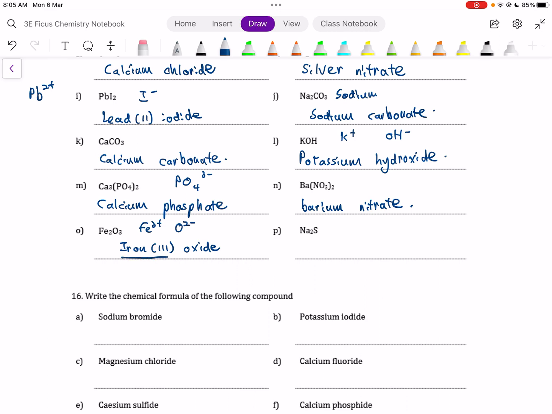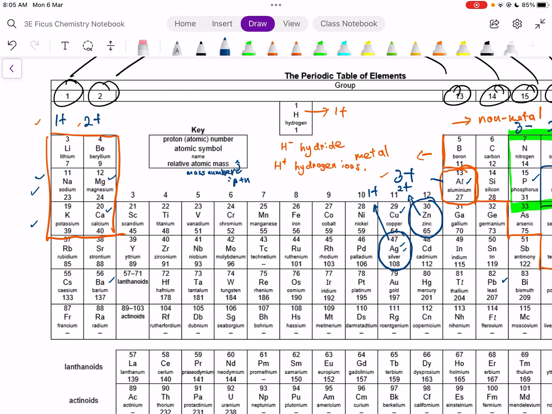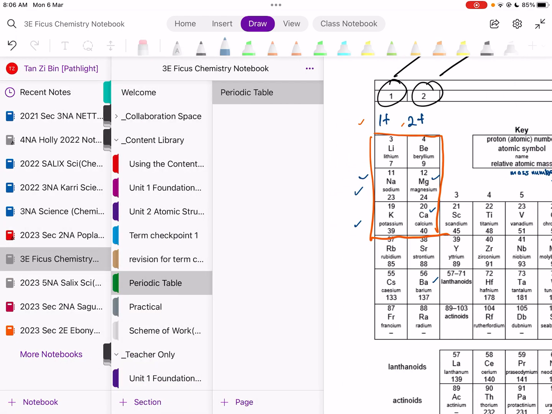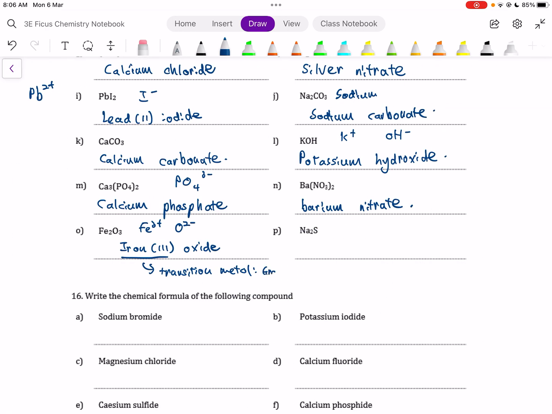This fella, iron, is a transition metal, from group 8 for this one.